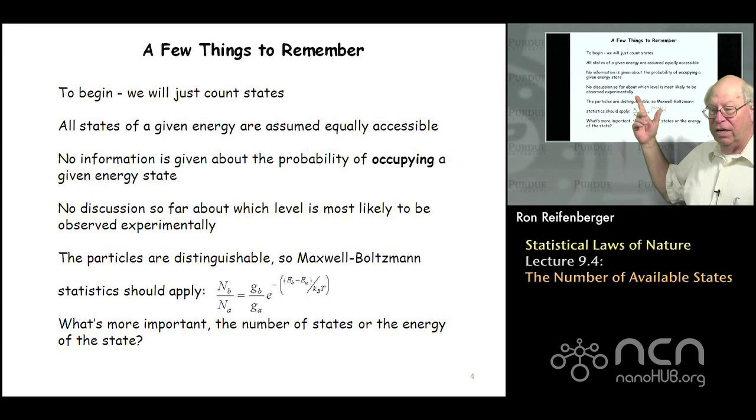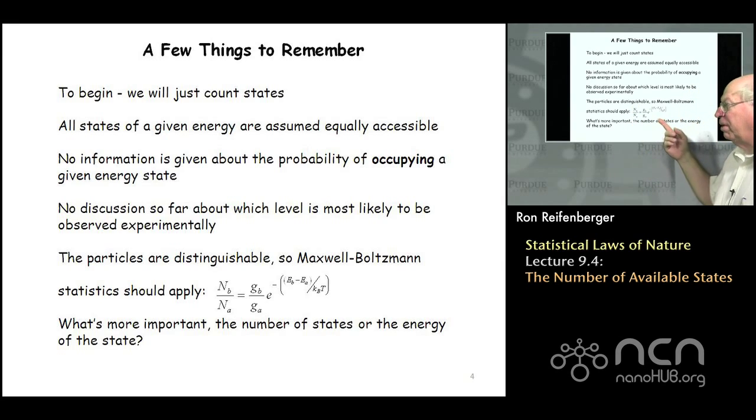It should be clear that because the particles are distinguishable, we expect Maxwell-Boltzmann statistics should apply, and that simply means that the ratio of the number of particles in, let's say, energy level A compared to energy level B is going to be the ratio of the degeneracy of those 2 energy levels times e to the minus exponential of the energy difference divided by k Boltzmann T. The problem is in this discussion, we're really not going to specify the temperature T up front.